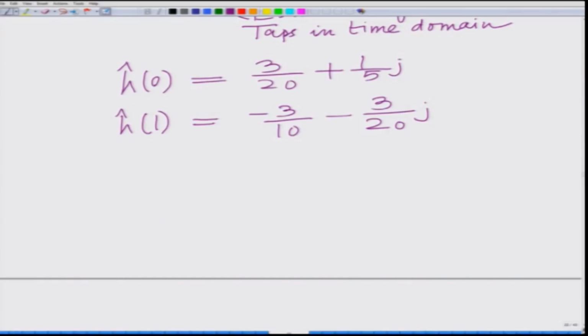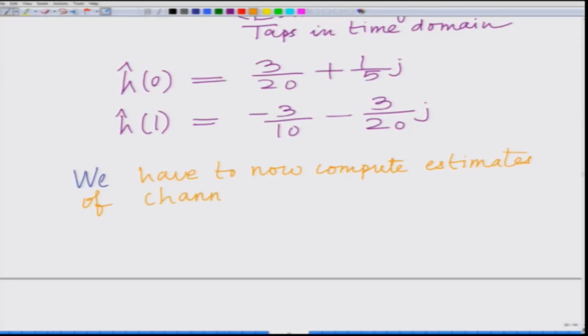All that is left is to compute the estimates of the channel coefficients H0, H2 for the information subcarriers.